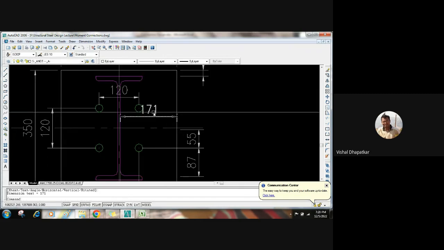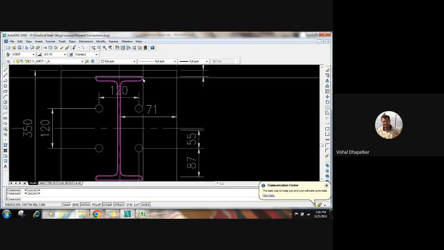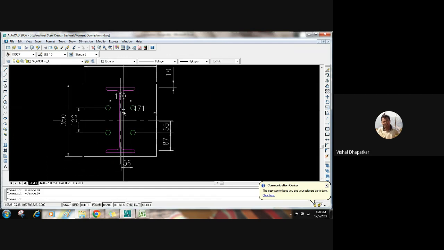So conservatively, we can consider this much length as a cantilever, because for a certain part the flange will give resistance against the bending, the uplift bending, but later on we have the support at this web, right? Are you getting how the plate will bend when the load is acting from the bottom?